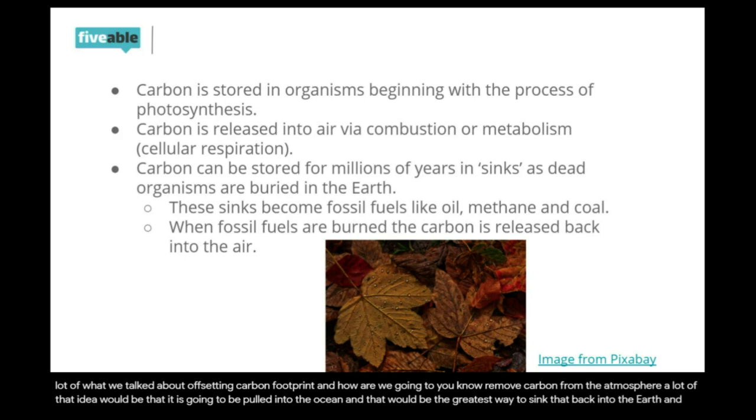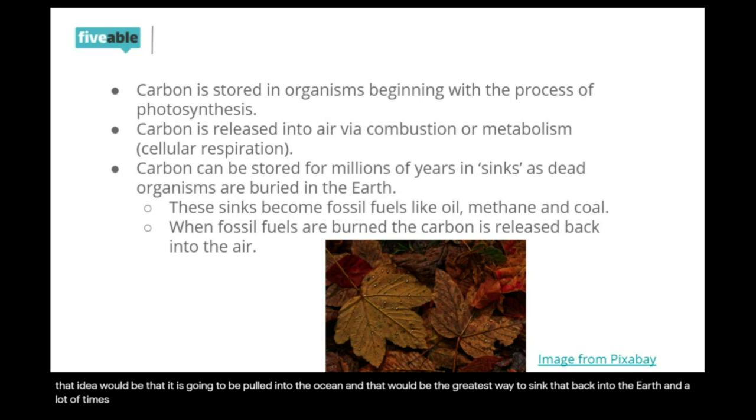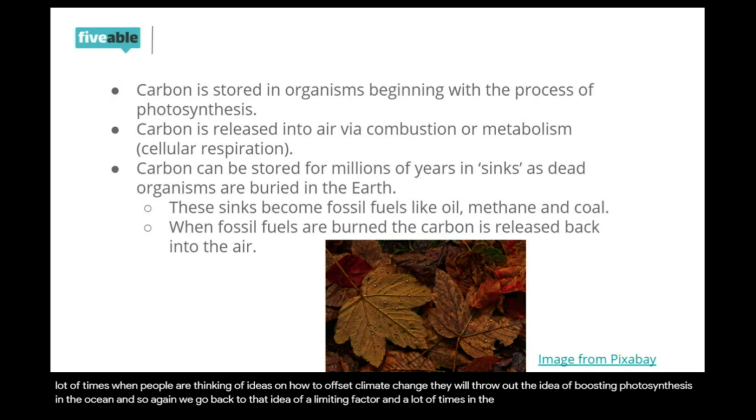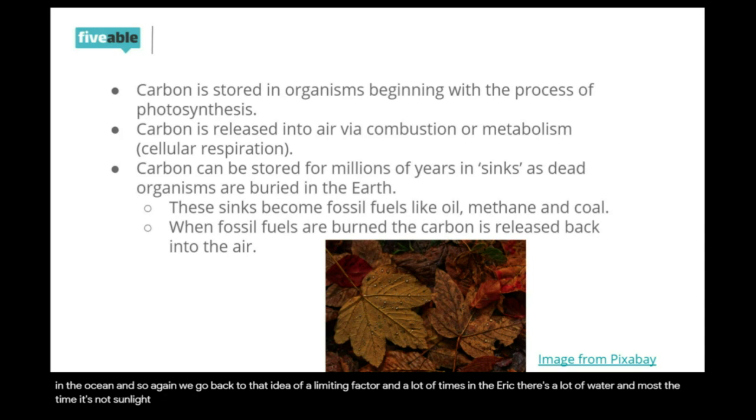And a lot of times when people are thinking of ideas on how to offset climate change, they will throw out the idea of boosting photosynthesis in the ocean. And so again, we go back to that idea of a limiting factor. A lot of times in the ocean, the limiting factor is obviously not going to be water, because there's a lot of water. And most of the time it's not sunlight, because there's a lot of available sunlight as well.